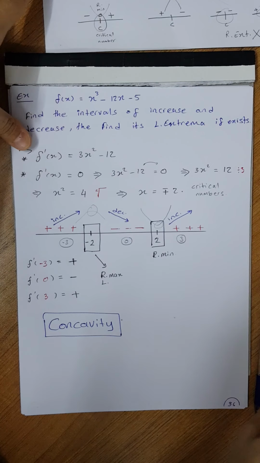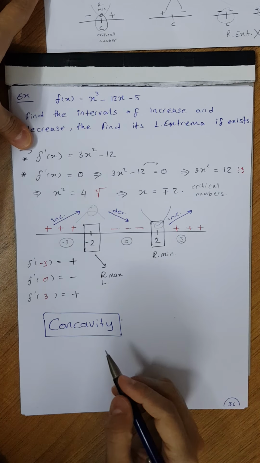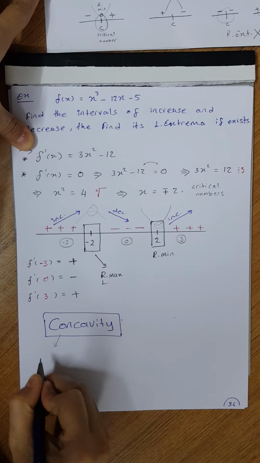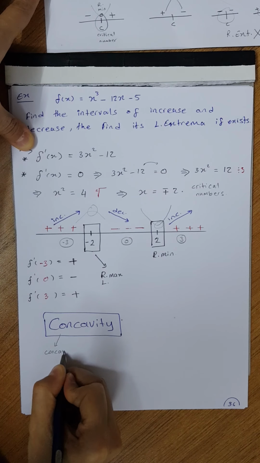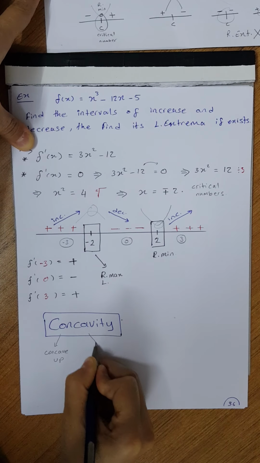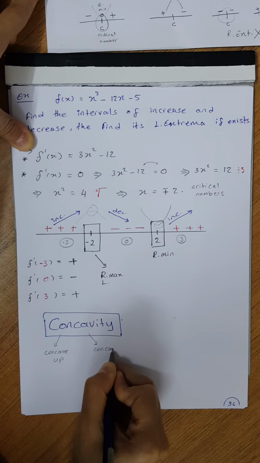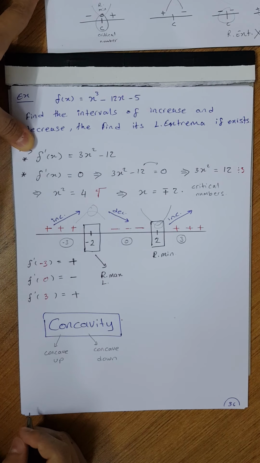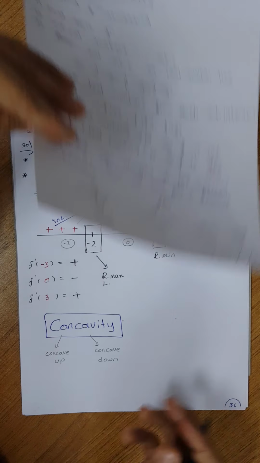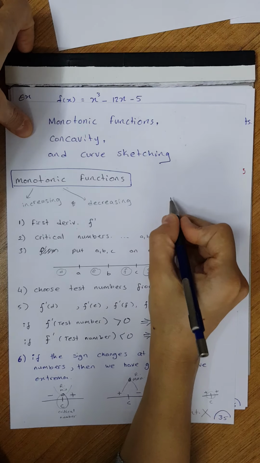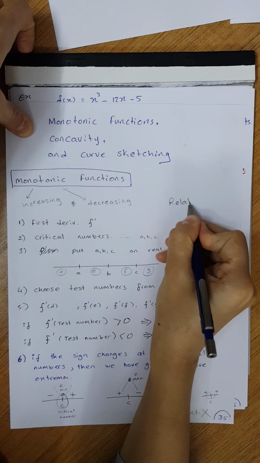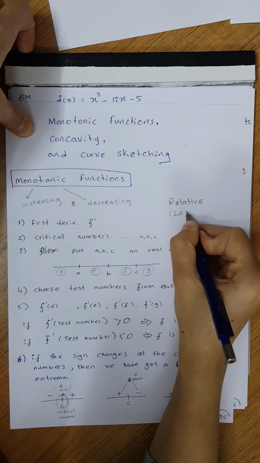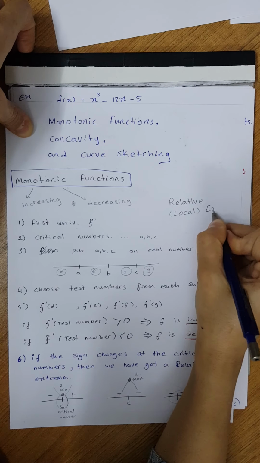So in concavity, what do I have? In monotonicity, we had increasing and decreasing. In concavity, we have concave up and concave down. In the first derivative we were talking about relative or local extrema.